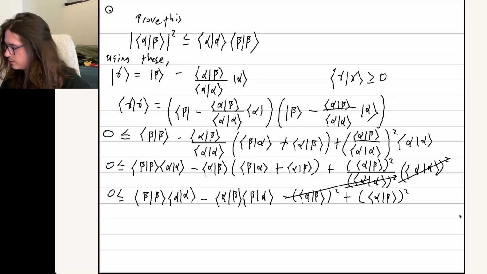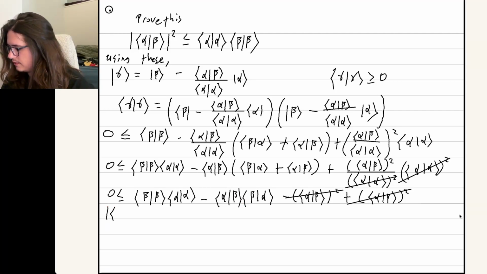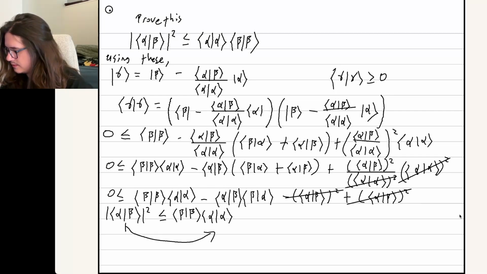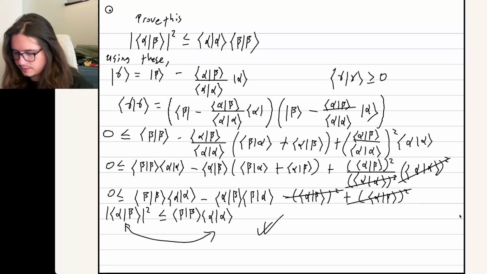So this term will actually cancel out this term. And then we can move this to the other side and notice that it is just the definition of the mod squared of alpha with beta. And then the only term left on the right hand side is this guy. So that's the Schwarz inequality. So cool stuff.